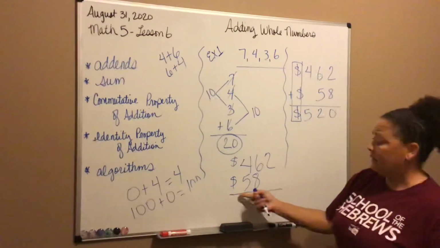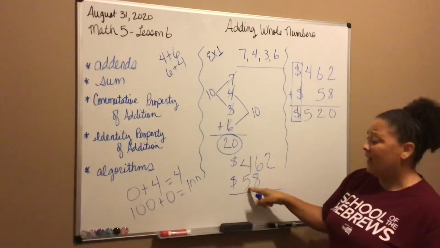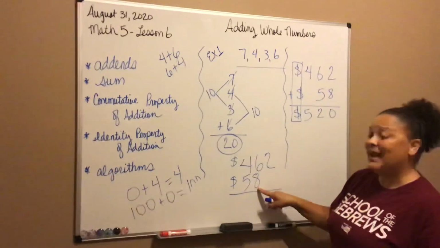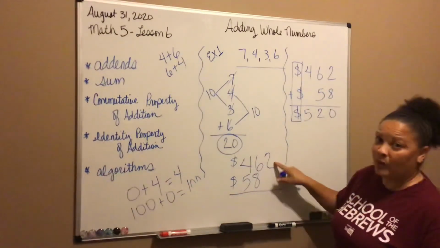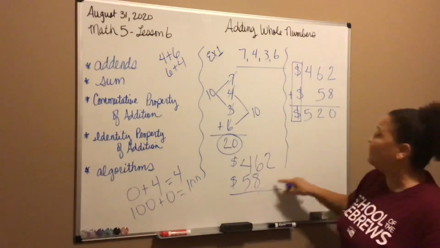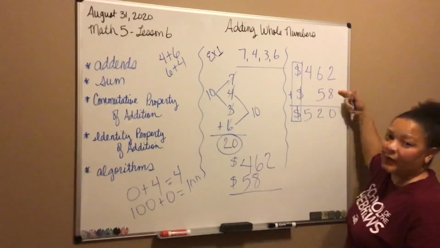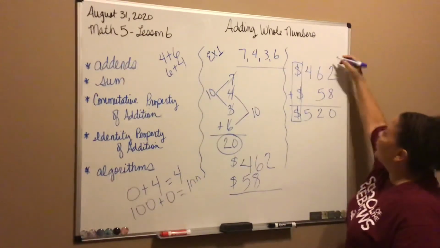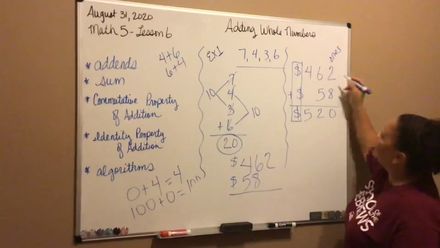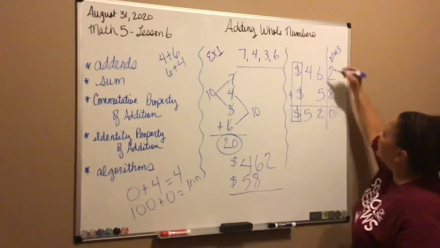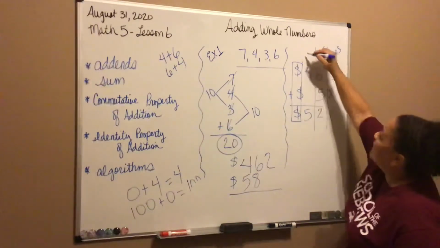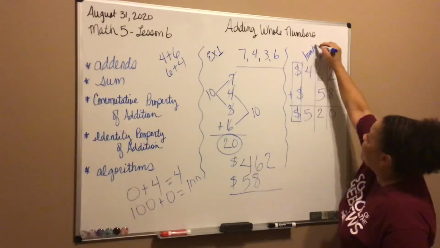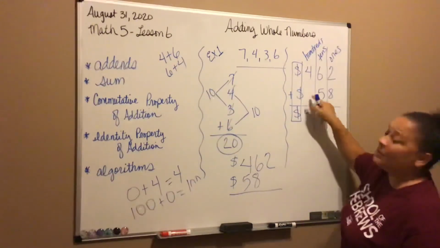But honestly, if we look at it, we know that 5 is in the tens place, 8 is in the ones place. So since 2 is in the ones place and 8 is in the ones place, we have to line those up, okay? So the ones have to be lined up. Notice my ones. My tens have to be lined up. Notice my tens. Then my hundreds have to be lined up.